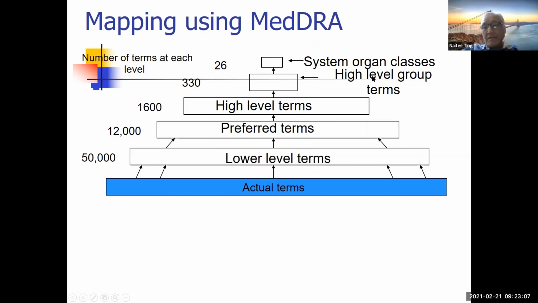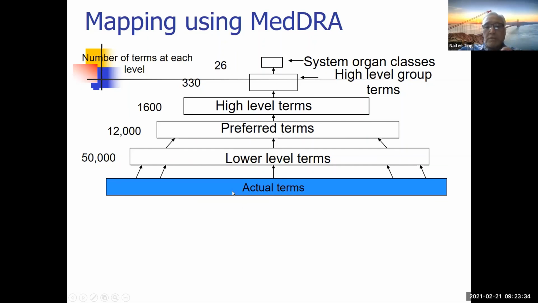So we try to standardize all the medical terms into MedDRA. I think right now we're probably at more than 26 SOCs. And there are high-level group terms, high-level terms, preferred terms, lower-level terms, and so on. So we report the AE table at the PT level, the preferred term.